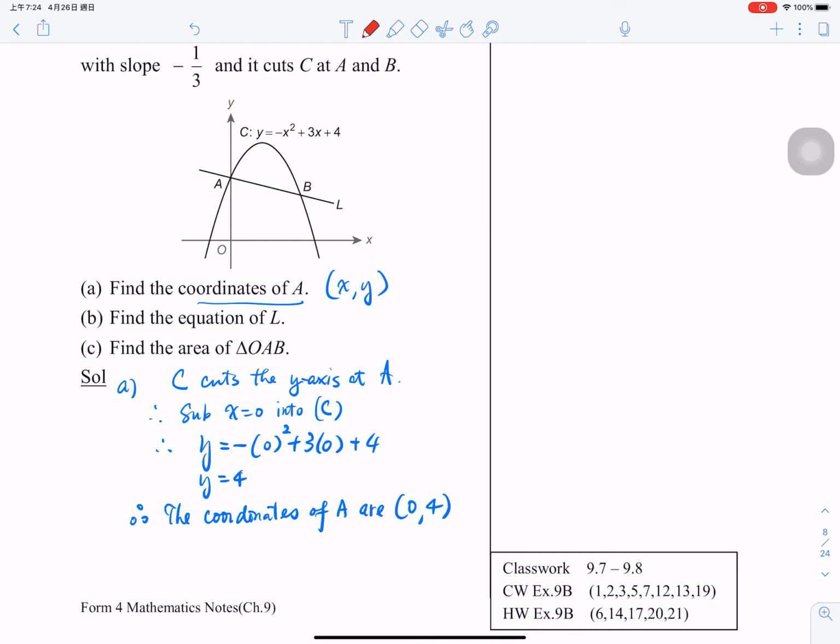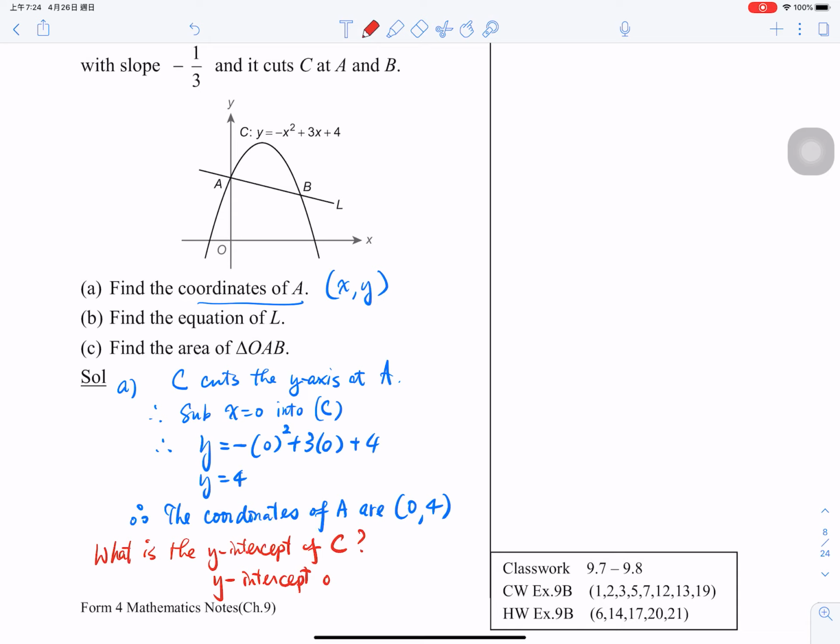However, if the question asks you what is the y-intercept of C, maybe I write it like this. Then you need to answer like this.